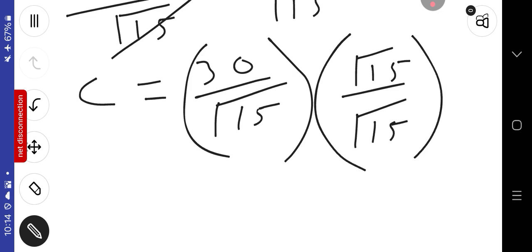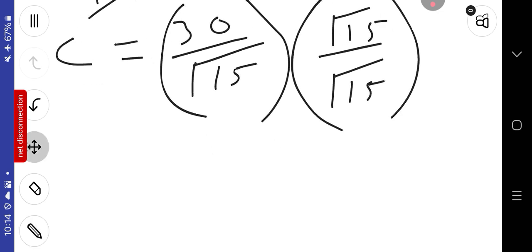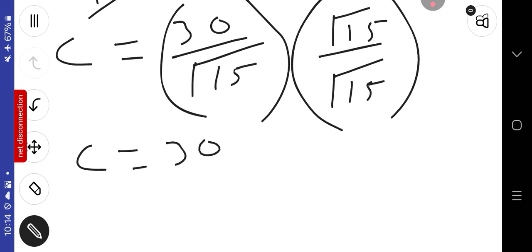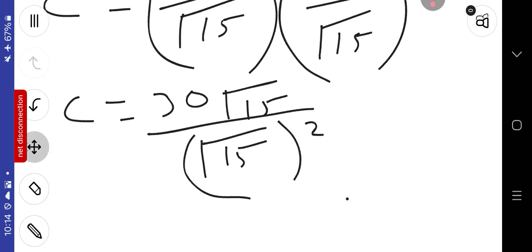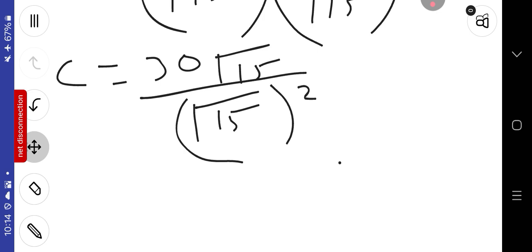So you're going to have C is equal to 30 multiplying the square root of 15 all over the square root of 15 squared. So you're going to have these two cancelling this root.